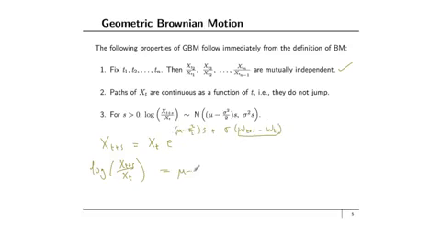It's equal to mu minus sigma squared over 2 times s plus sigma times wt plus s minus wt. This guy is normal with mean 0 and variance s, and so this quantity is normal with mean mu minus sigma squared over 2 times s and variance sigma squared s, which is exactly what we have here.